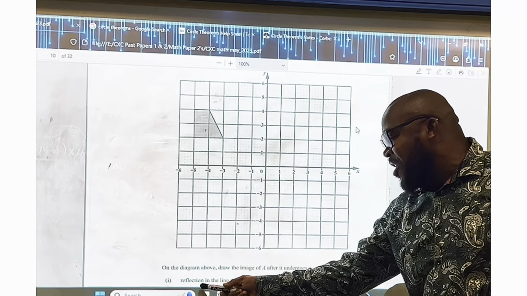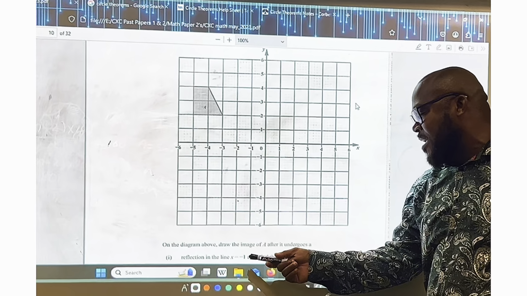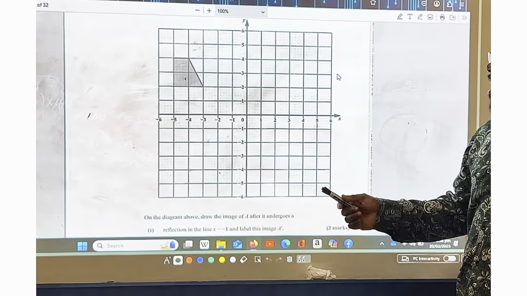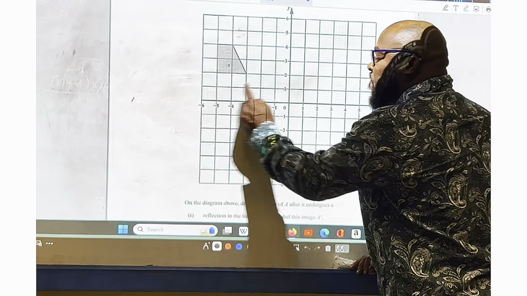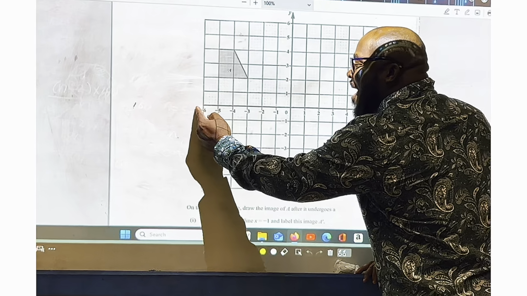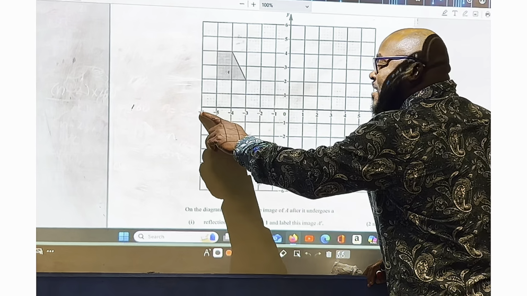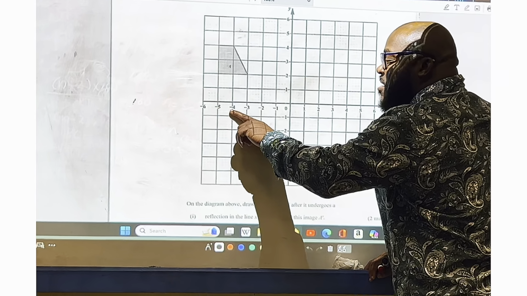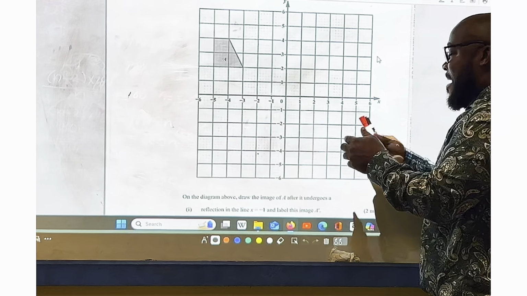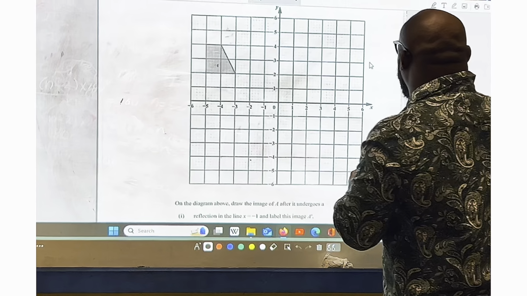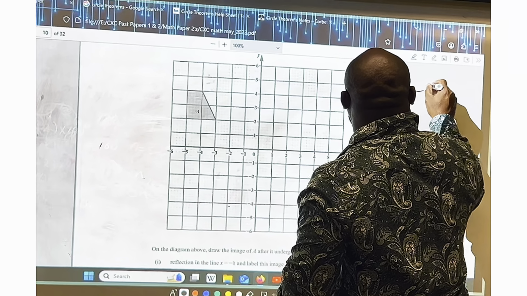So it's a reflection in the line x equals -1. Again, the x numbers go from left to right, from west to east. Let's go: -6, -5, -4, -3, -2. And they say x equals what? x equals -1.